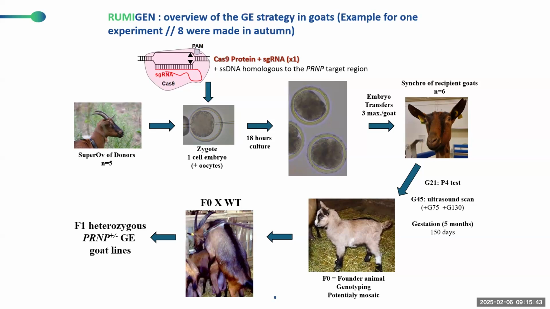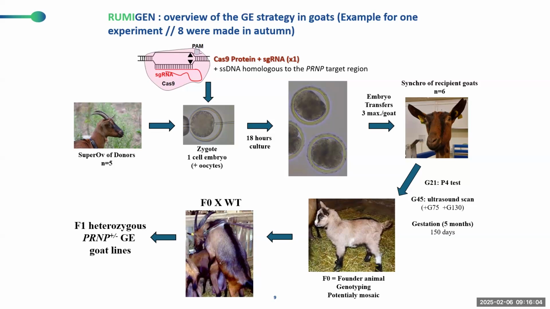At the end of the superovulation treatment, the donors are inseminated by artificial insemination with frozen sperm, two times. And the day after, we recover the zygotes and the oocytes by flushing the oviduct of the goat.